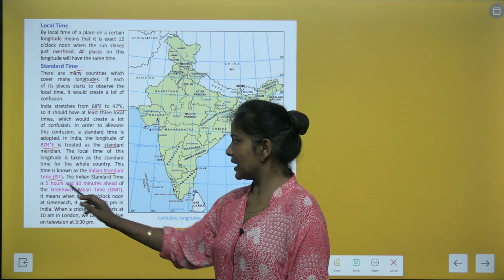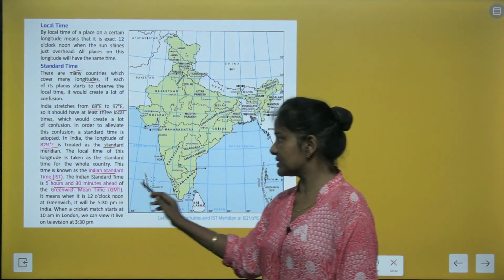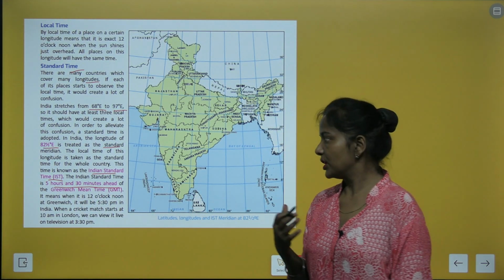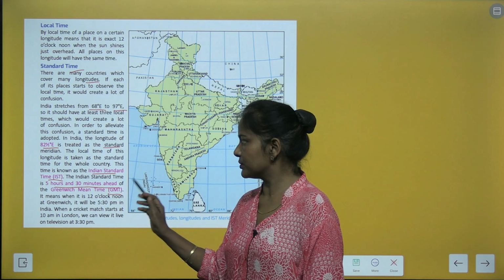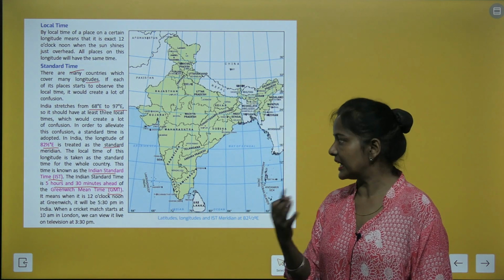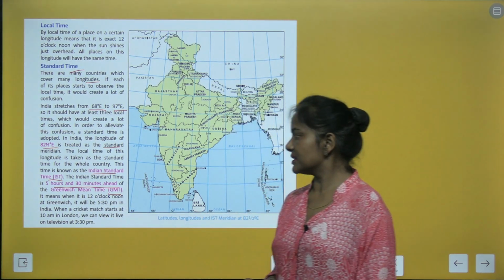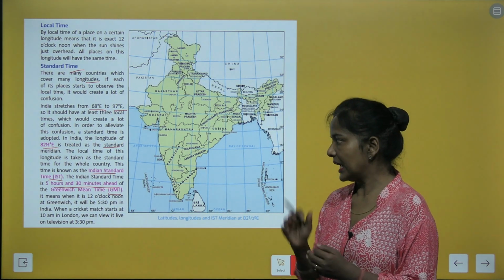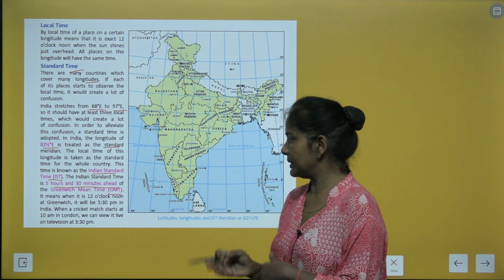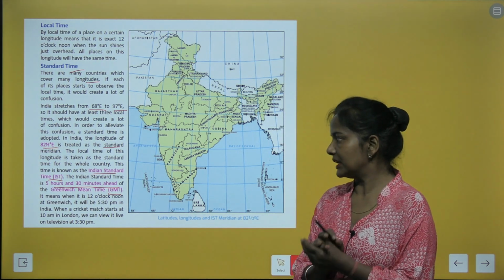The Indian Standard Time is 5 hours and 30 minutes ahead of the Greenwich Mean Time. It means when it is 12 o'clock noon at Greenwich, it will be 5:30 p.m. in India.